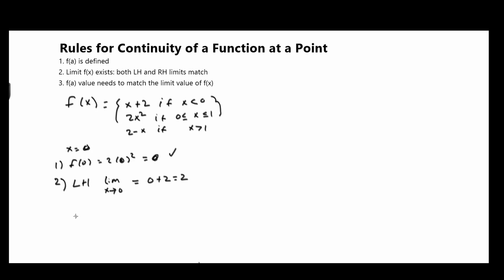So for our right hand limit, we'll use this function here. That's equal to 0. So both our left hand and our right hand limits don't match, so the limit does not exist. So it's discontinuous at point 0.